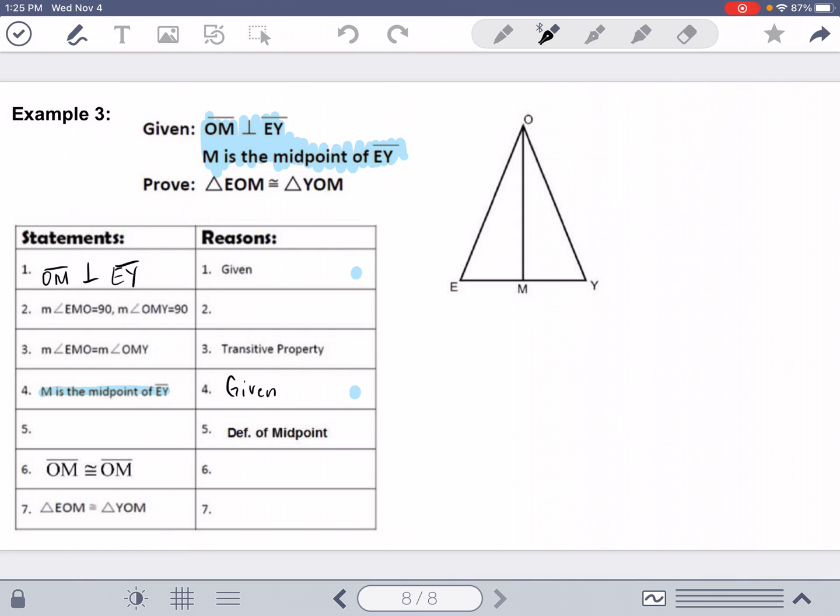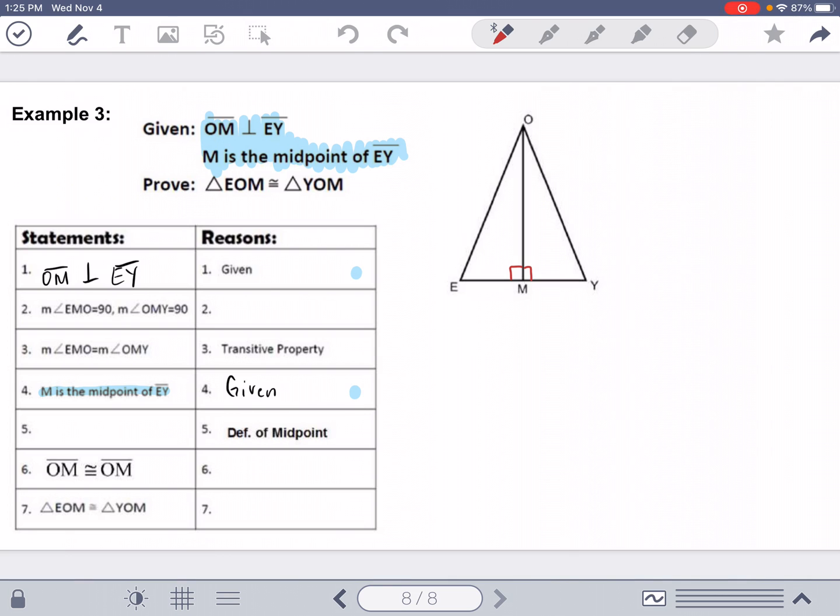So the measure of angle EMO equals 90, and the measure of OMY equals 90. So let's mark those in red. EMO and OMY. Why do they both equal 90 degrees?